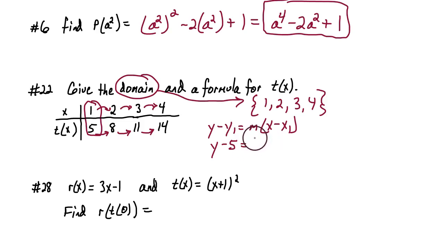Remember how y changes by 3 when x changes by 1? So that's 3. And then x minus 1. Let's get the letter y alone by adding the 5 to the other side. 3 times x is 3x. 3 times -1 is -3. And when you add 5 to that, you get +2.